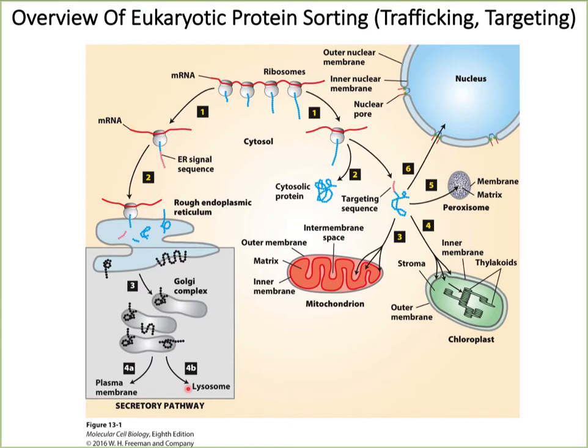It could be a plasma transmembrane protein, or a protein that is secreted from the cell. This is known as protein sorting, or sometimes protein trafficking, or protein targeting, or vesicle-based trafficking, many different names.